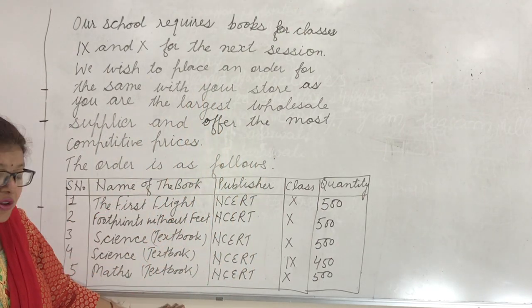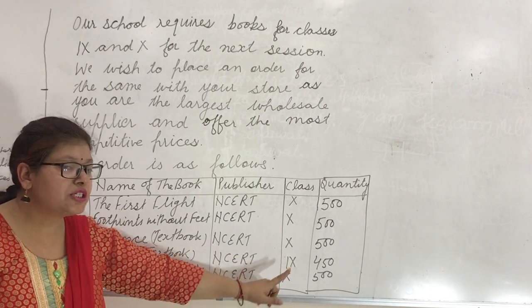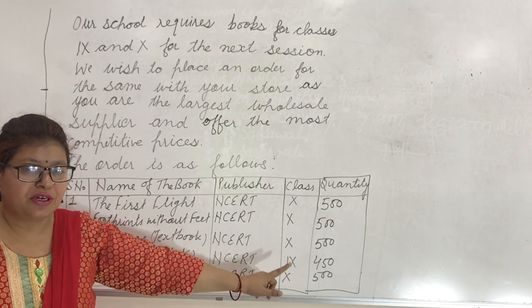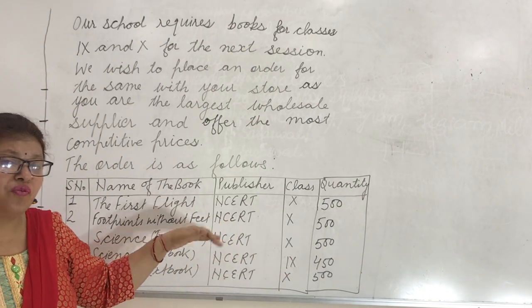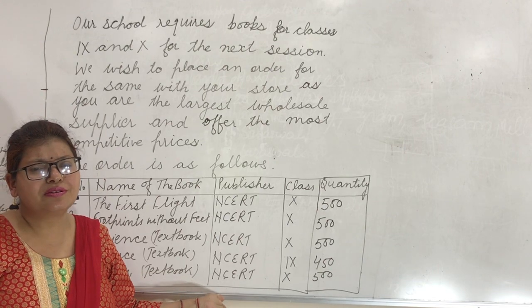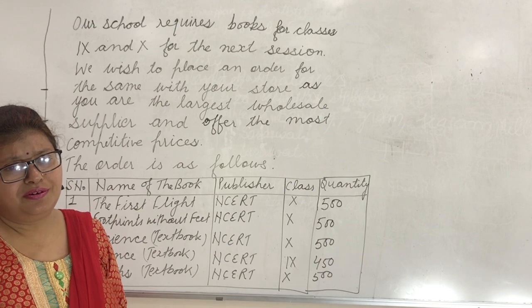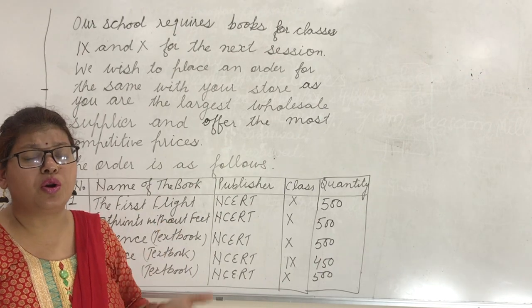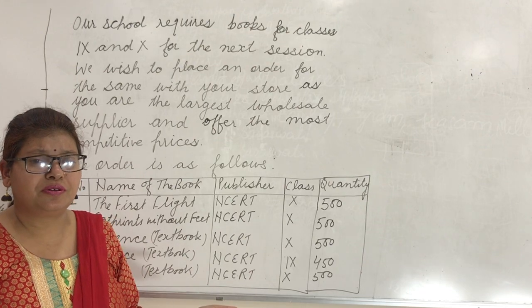So see what I have done. Serial number, name of the book, publisher, class, quantity. Now there can be a question in the minds of children. Can we write the name of fake publishers? My answer is yes, you can. By chance you don't remember, in exams you are not able to recall who was the publisher.